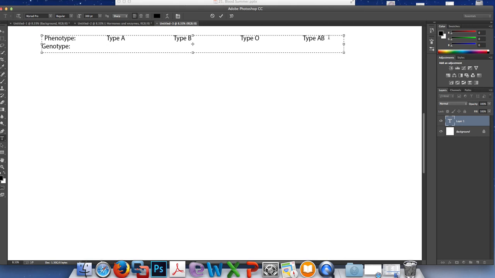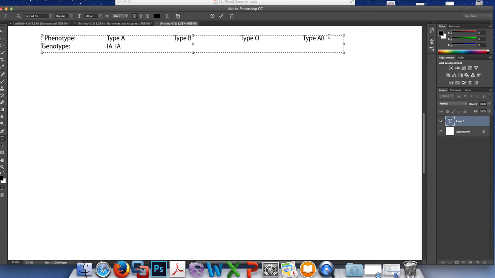If you are type A blood, then that means you inherited possibly a dominant A gene from mom as well as a dominant A gene from dad. It's usually written IA, so don't let the I confuse you, okay?